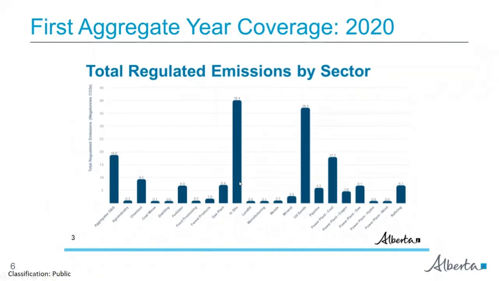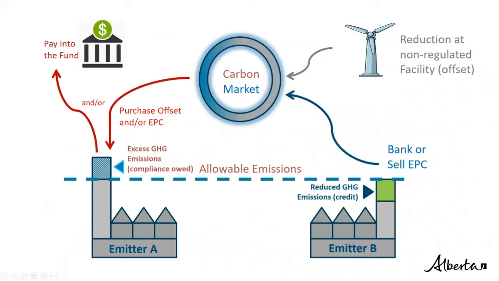For the benefit of those who are new to the aggregate outcome-based TIER program, this diagram illustrates the three paths a regulated facility can take to meet their TIER obligation. They can purchase offsets or emission performance credits and retire them on the Alberta Carbon Registry, pay the carbon price per ton for the compliance year into the TIER fund, or if their total regulated emissions end up being under the allowable emissions informed by the facility-specific benchmark, they can earn emission performance credits.